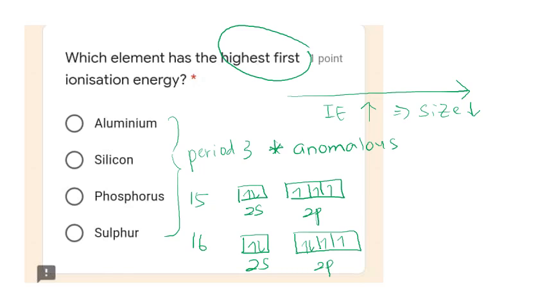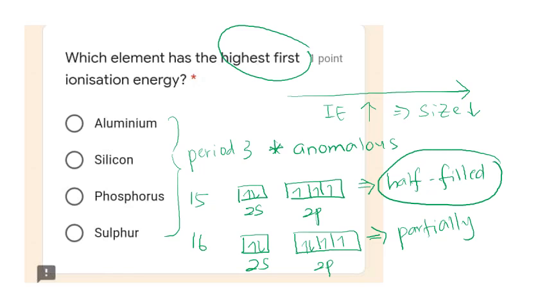However, the 2p orbital in phosphorus will be considered a half-filled orbital, while the 2p orbital in sulfur is considered a partially filled orbital.